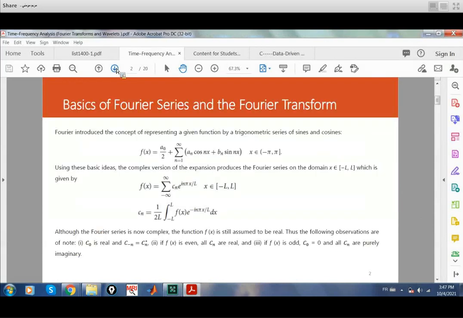In the engineering mathematics course, you saw the Fourier series.